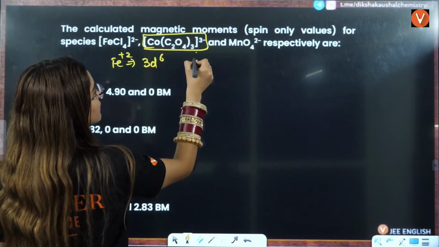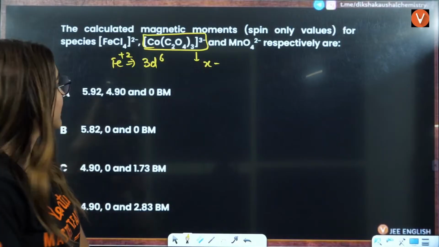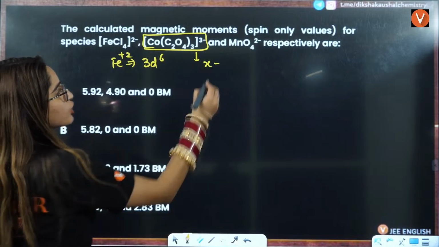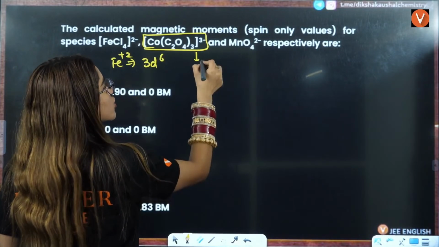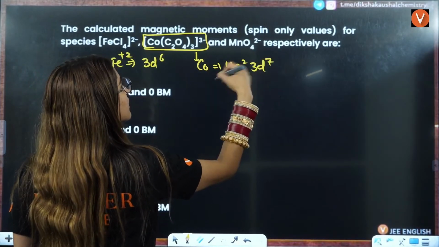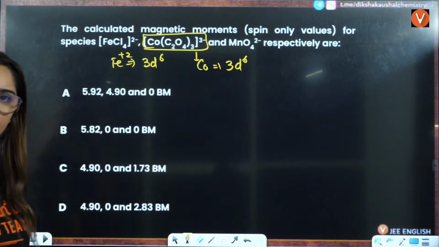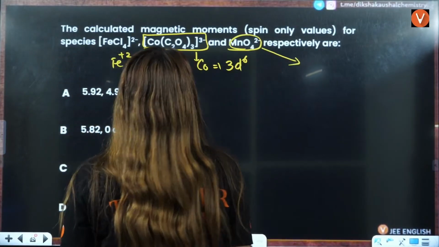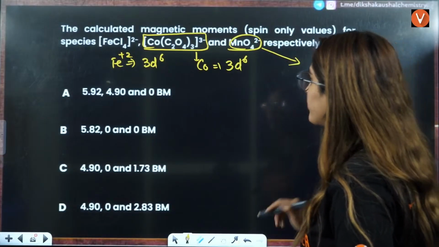Here it is x minus, C2O4 is minus 2, so minus 6 is going to be minus 3, so x is plus 3. So cobalt is 4s2 3d7. Plus 3 means this is going to be 3d6 here, right? Both are coming out to be 3d6 only.